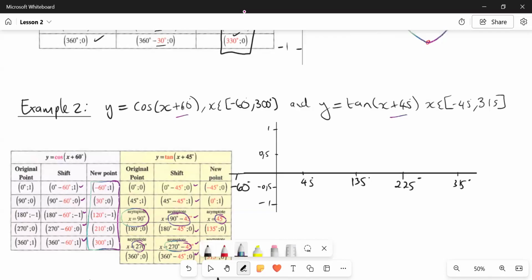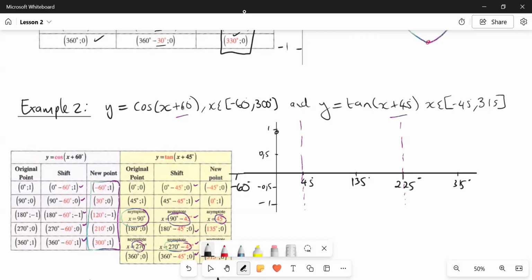So you have your first asymptote there at 45, second one at 225, because we've subtracted 45 from 90 and 270. And now we managed to get new asymptotes, which are at 225 and 45.